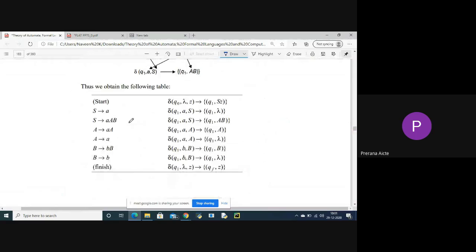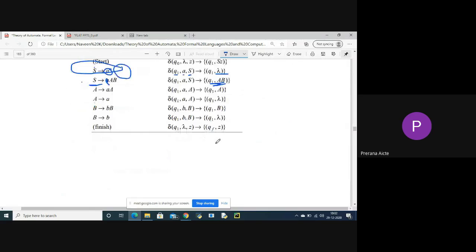Here for the production S tends to a, delta of Q1 comma small a comma capital S is equal to, there is no string here, right? So it is epsilon. In the same manner, delta of Q1 comma small a comma S is equal to AB.